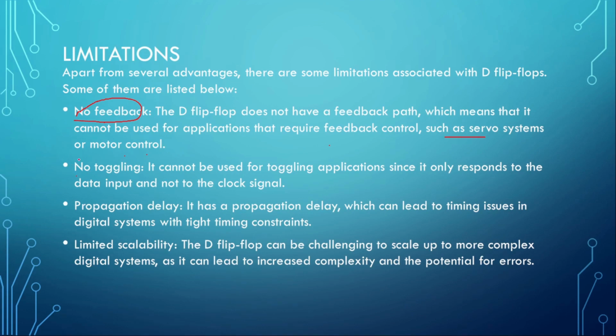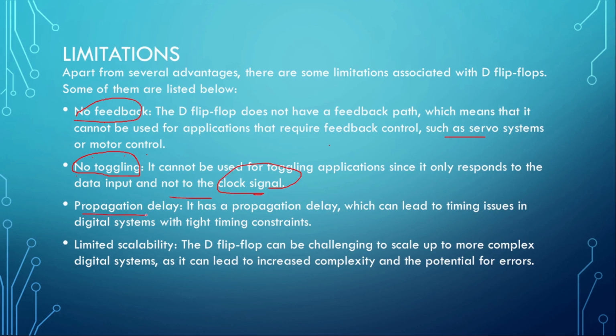And no toggling occurs in D flip-flop. In JK flip-flop, there will be a toggle state when we give the input as J equal to 1 and K equal to 1. But in D flip-flop, there is no toggling. And it does not respond to the clock signal. It only responds to the data input signal.